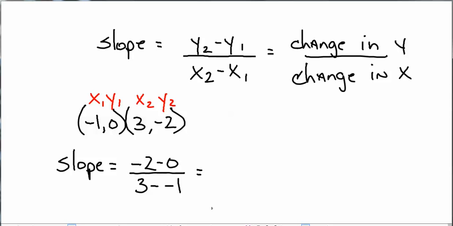You're subtracting. So -2 minus 0 is -2. 3 minus -1, that's 4. -2 over 4 equals -1/2, and that's the slope of the line.